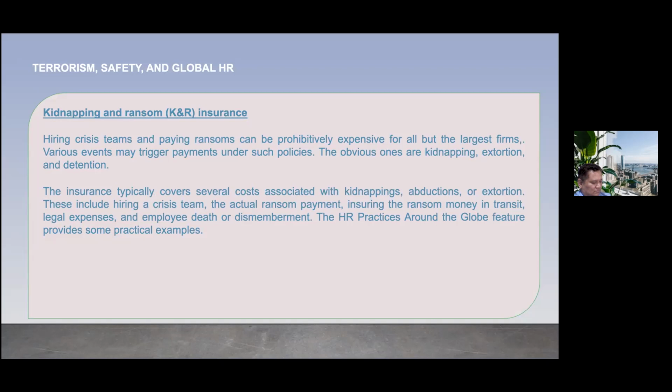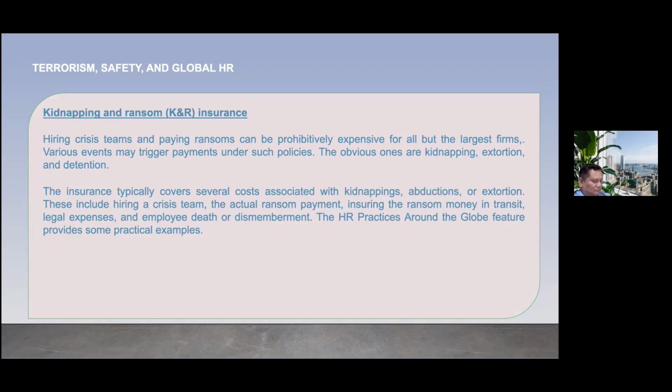Here, the insurance typically covers several costs associated with kidnappings, abductions, or extortion. These include hiring a crisis team, the actual ransom payment, insuring the ransom money in transit, the legal expenses, and the employee's death or dismemberment.